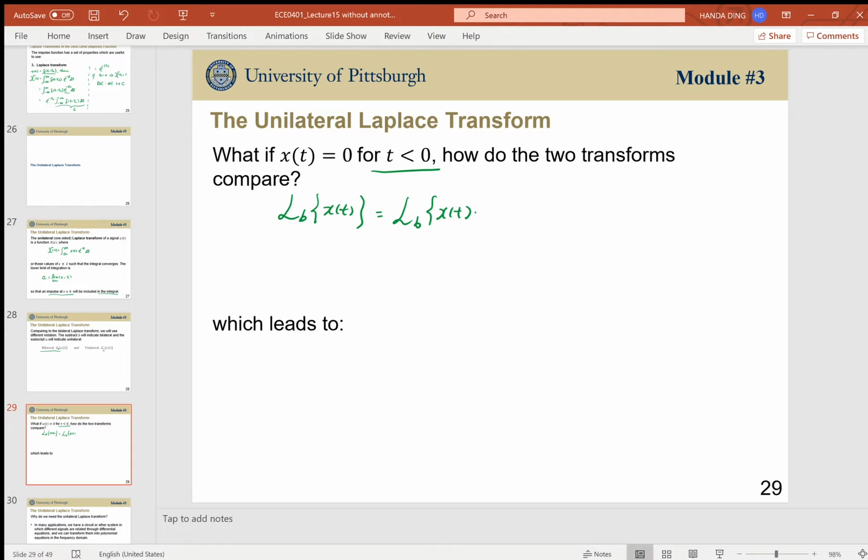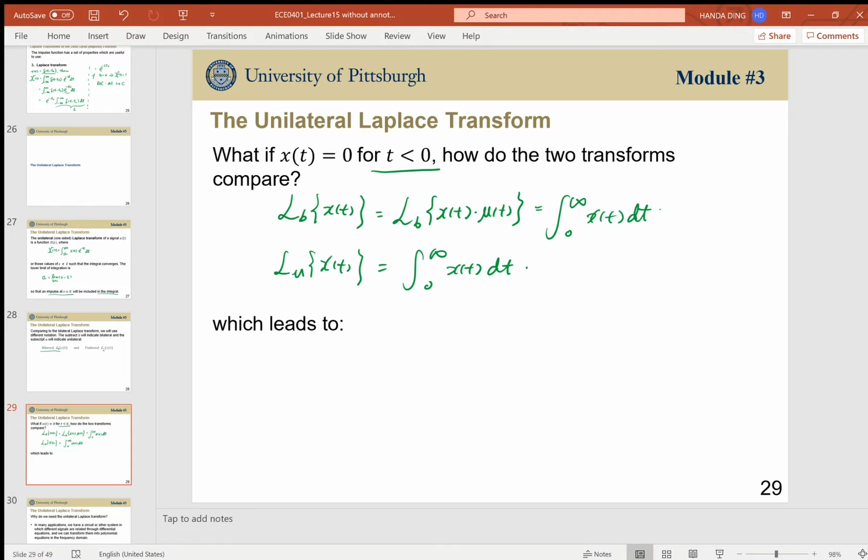x(t) times your step function, and it's really 0 to infinity here, dt, right? Our unilateral becomes x(t), and that's exactly 0 to infinity we just described earlier.